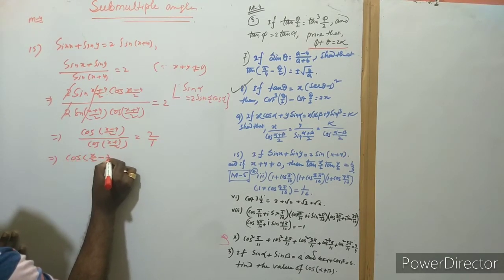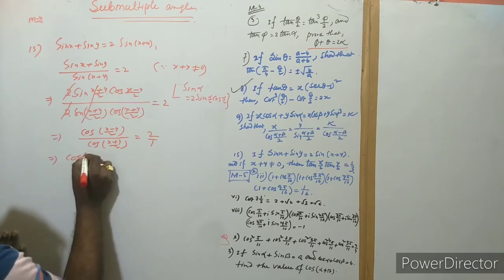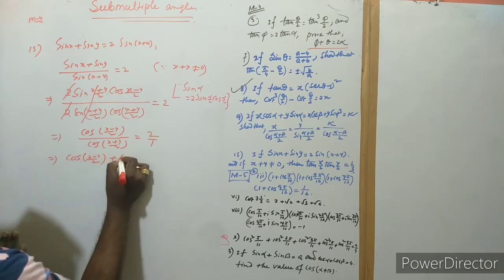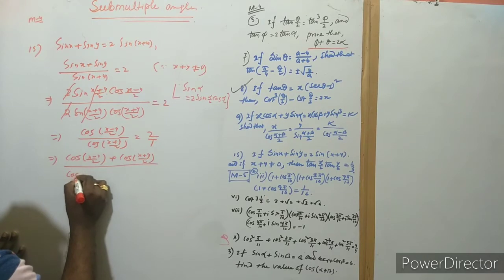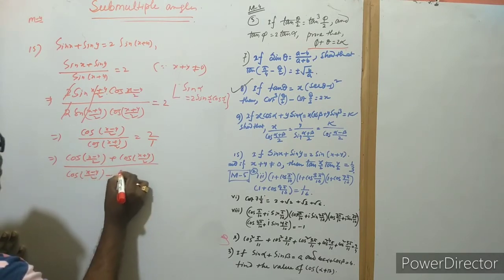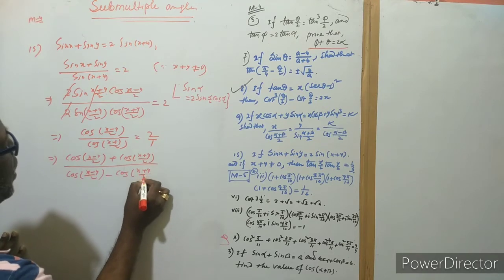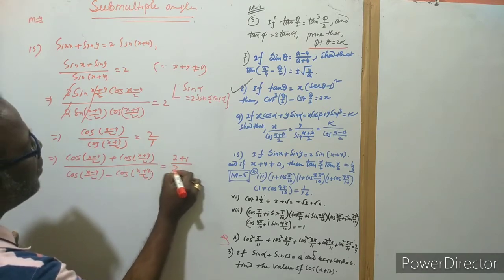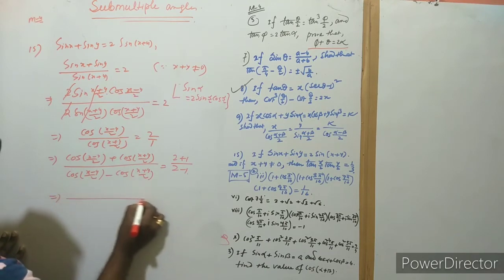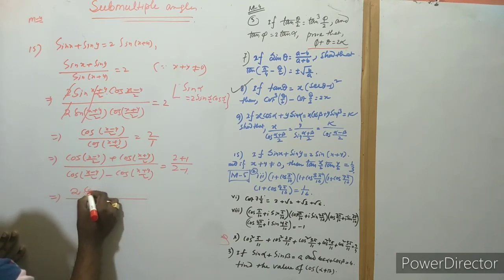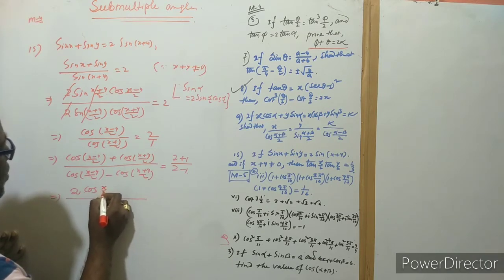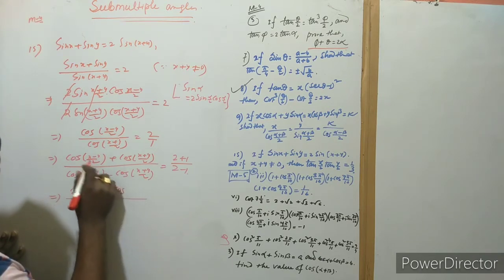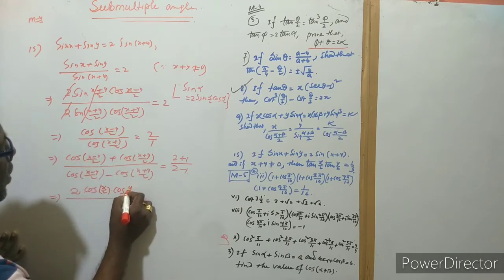So x by 2 minus y by 2, and I'll apply the whole thing as x minus y by 2 here, cos of x plus y by 2 here, and again this is x minus y by 2 minus cos of x plus y by 2, and that is 2 plus 1 by 2 minus 1. Again right here, this is 2 cos of this plus this by 2. Actually y cancels and twice y by 2, this is x by 2, and again cos of this minus this by 2, we get here y by 2.